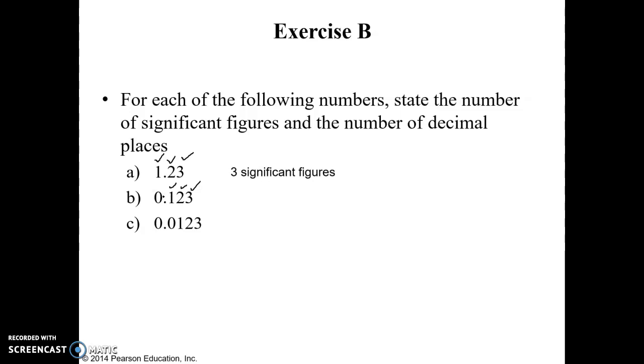Is it significant or not? Well, it comes at the beginning of the number, so it is not. And finally this one, 0.0123. This is really just the same as the previous one. These zeros come at the beginning, so that's not significant, that's not significant. It's just the 1, 2, and 3 that are.